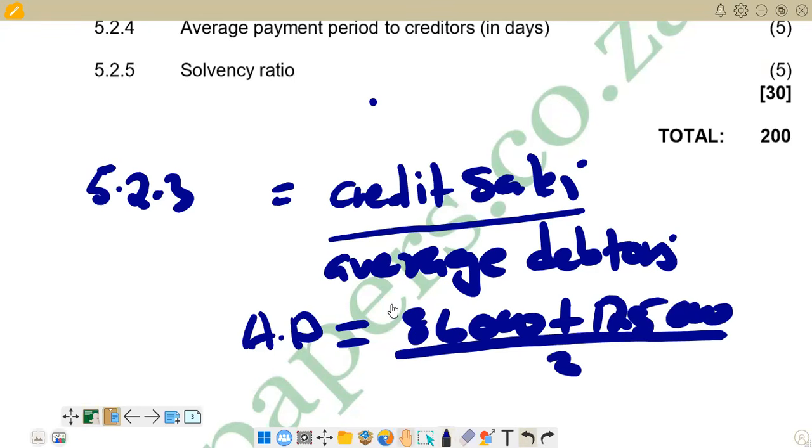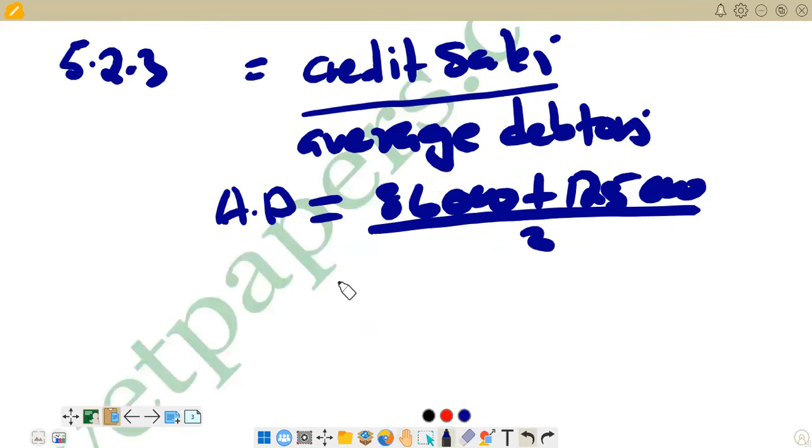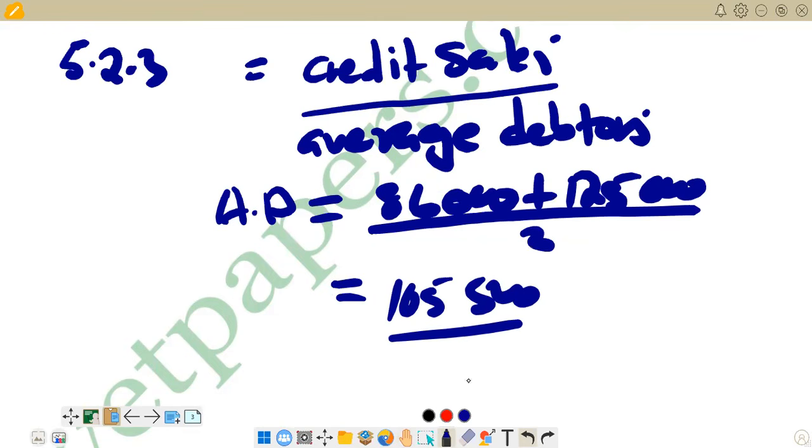We divide by 2 to get the average. So on the average there, if you calculate it very correctly, you are going to get 105,500. So this is going to be our denominator there.